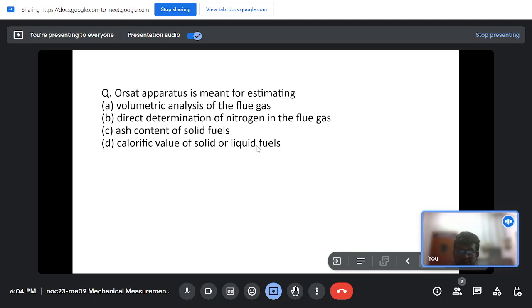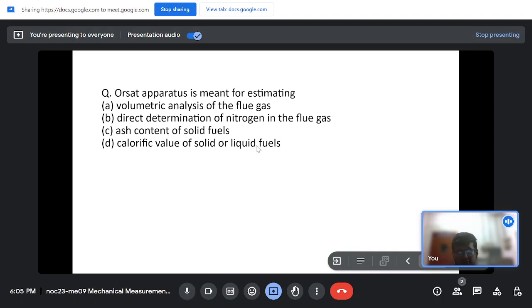The first one is volumetric analysis of flue gases. B, direct determination of nitrogen in the flue gas. C, ash content of solid fuels, the residual content if you burn coal or something.